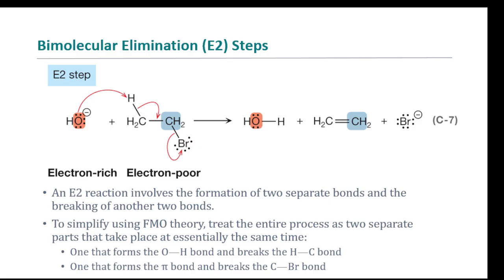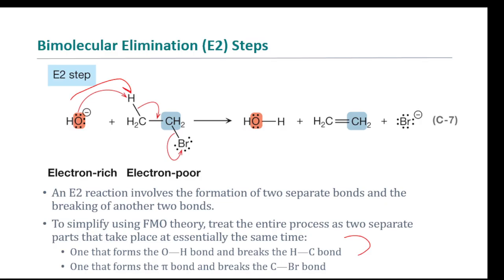So to simplify, using the FMO theory, we're going to treat that entire process as two separate parts, even though it happens all in one go. We can do something a bit like a resonance structure, to look at what it looks like overall. We're going to treat this as forming one OH bond and breaking the HC bond, which is this part right here.